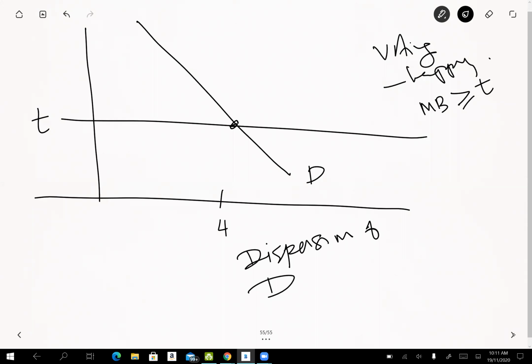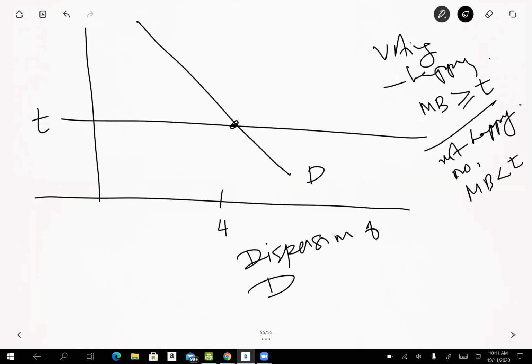These are the people who are happy because the benefit they get is more than what they pay. Now, who are those who are not happy? When their MB is smaller than the tax. Those people who are not happy are the voters who vote no, and their marginal benefit is less than the tax fee. So what they get in return is less than what they pay.